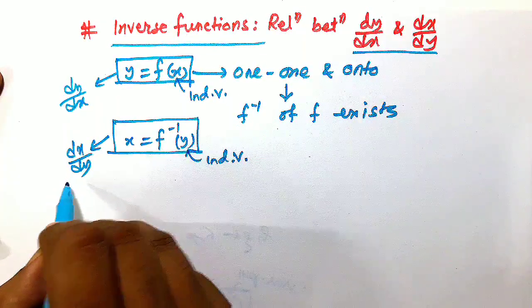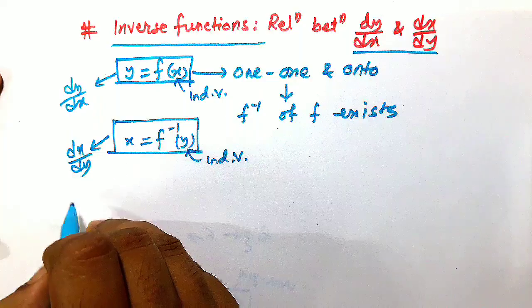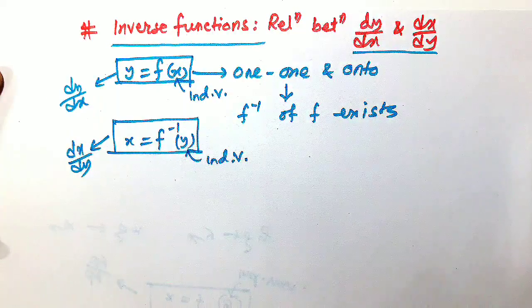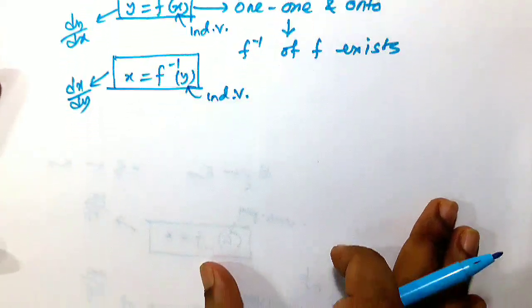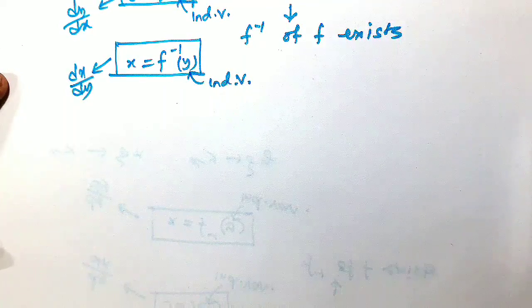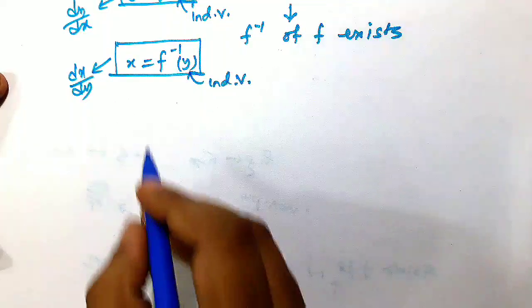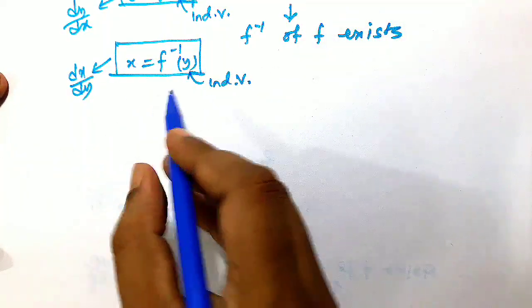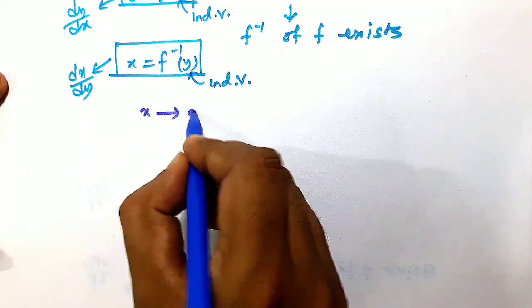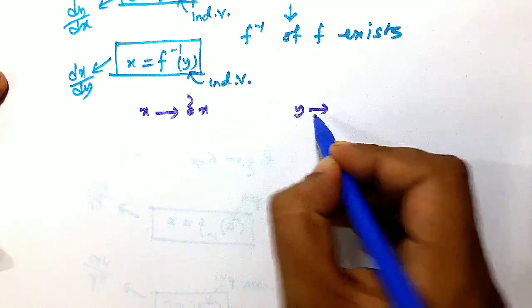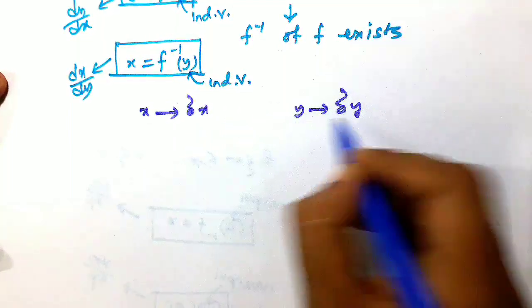Now friends, the relation between these two differential coefficients can be obtained in this process. Now let us consider that delta x and delta y are respectively the increments of x and y. Okay, x gives the increment delta x and y gives the increment delta y. These are the increments.